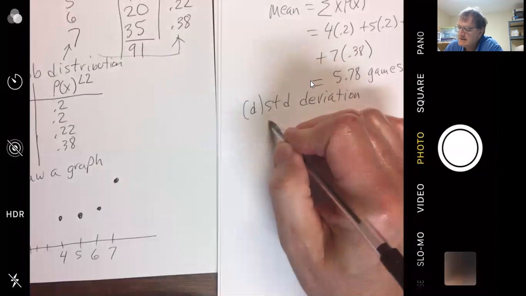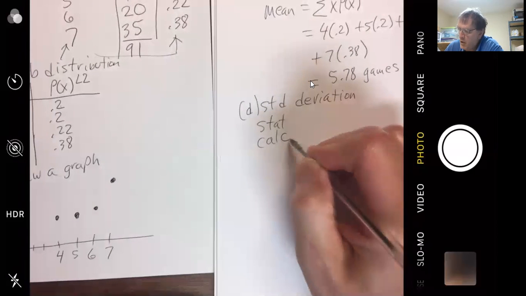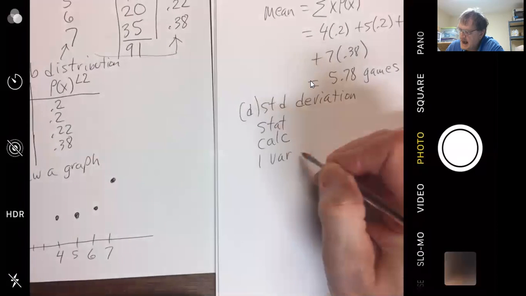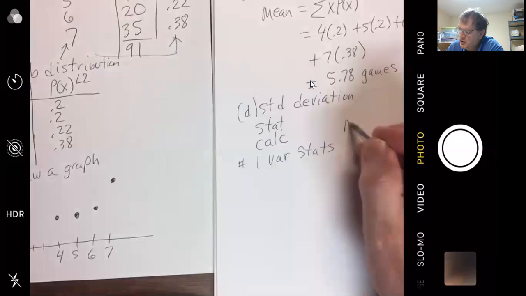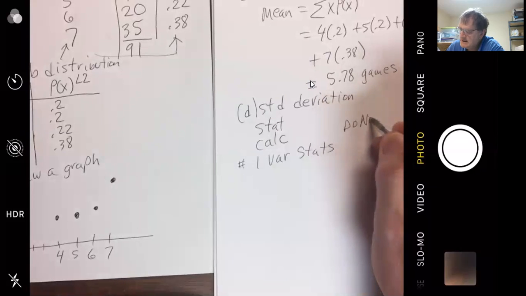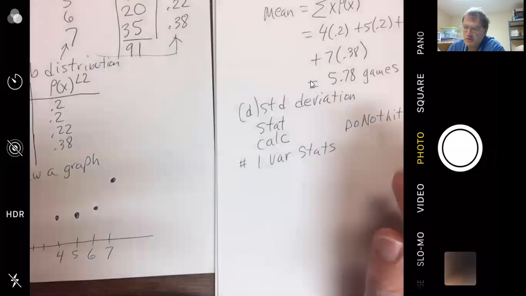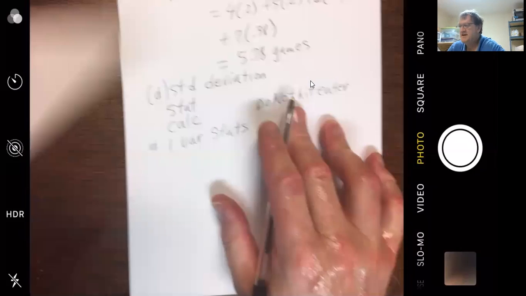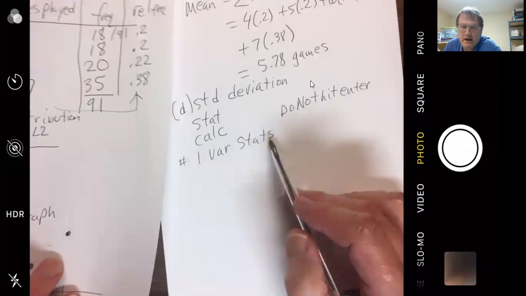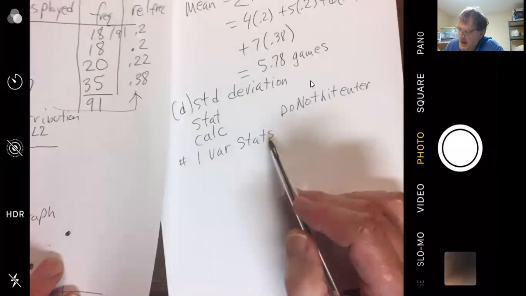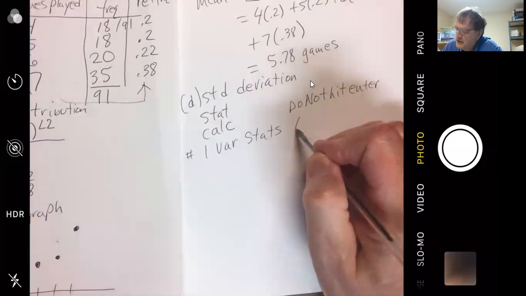You want to go stat, calc, one variable stats, option number 1. Do not hit enter here. If you do, you'll get numbers and they'll be wrong. This is what we did in chapter 3 when we only had an L1 column. On mine, I've got to go L1 comma L2.